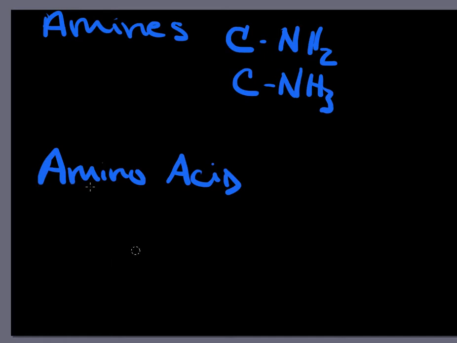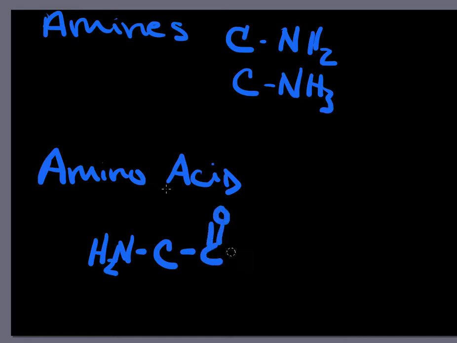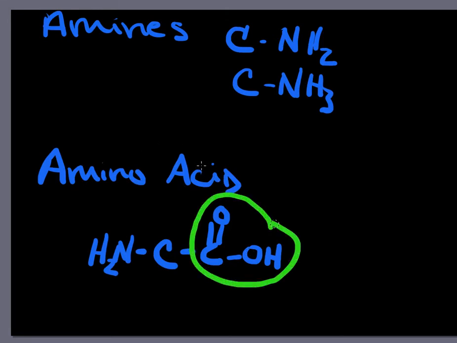So you're going to have a carbon connected to our NH2, connected to the carboxylic acid. So this guy right here is our acid portion. This guy right here is our amine portion.